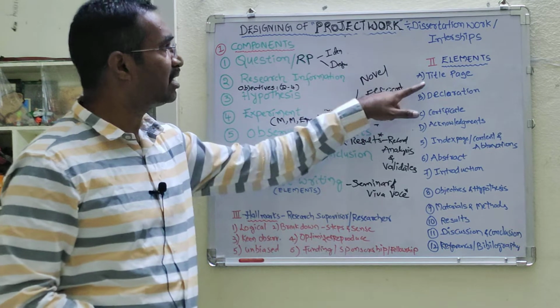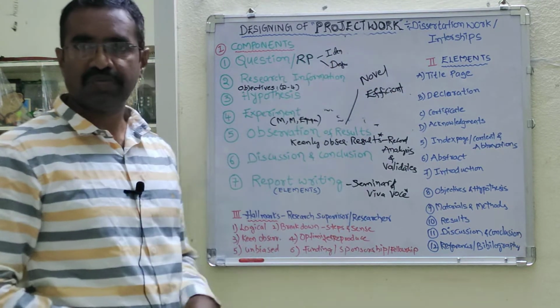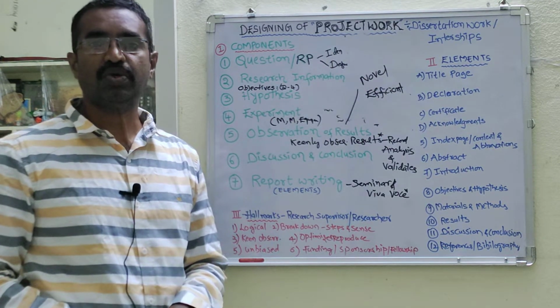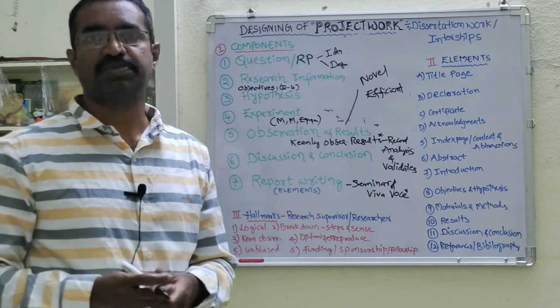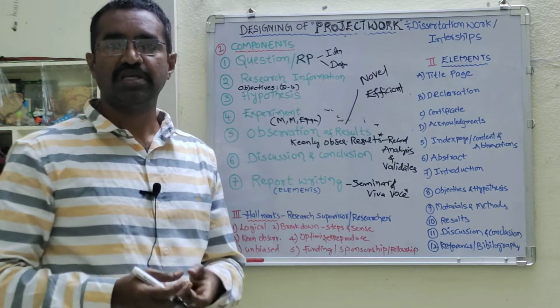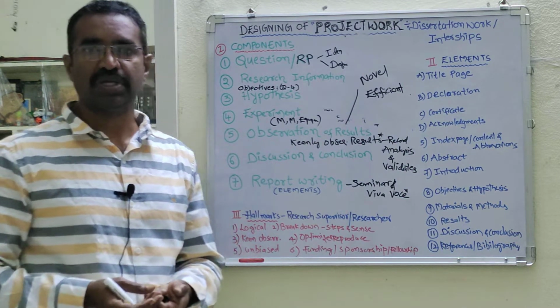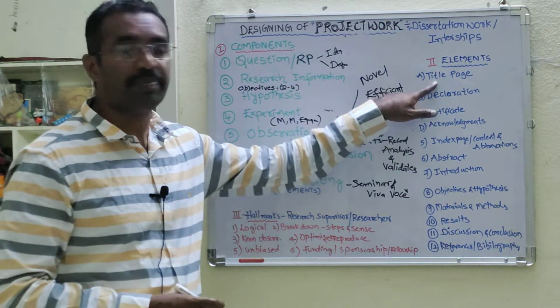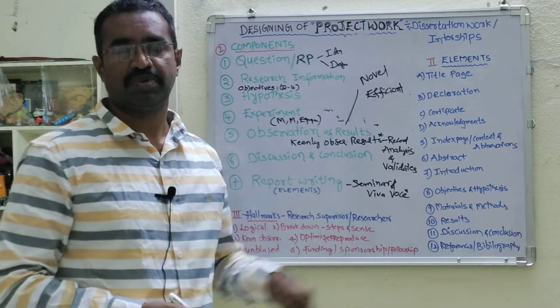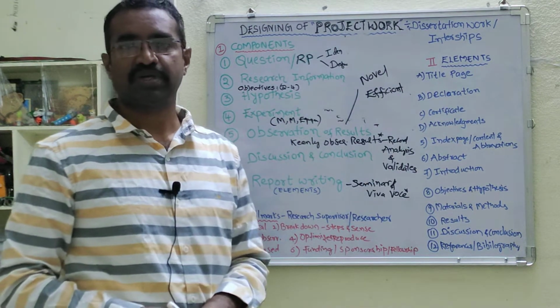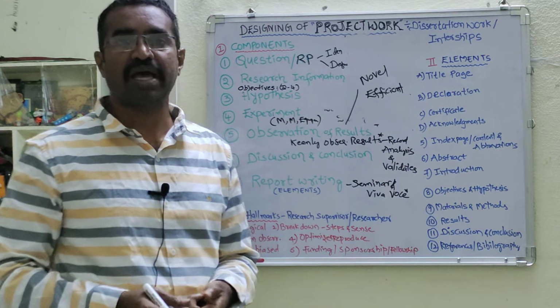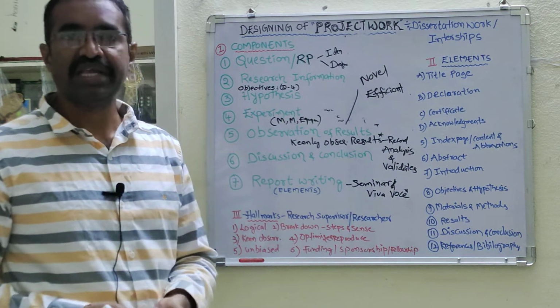Where you are going to mention the title of the project work, the institution where you have conducted these experiments, some university, some organization, some institution, and also the sponsorship: who has sponsored this project work, and the funds given by which funding agency.